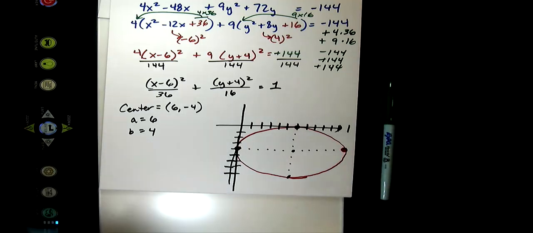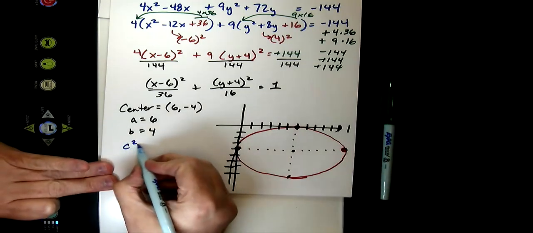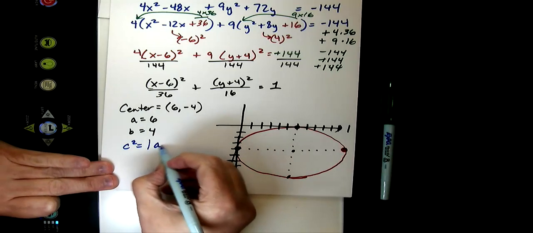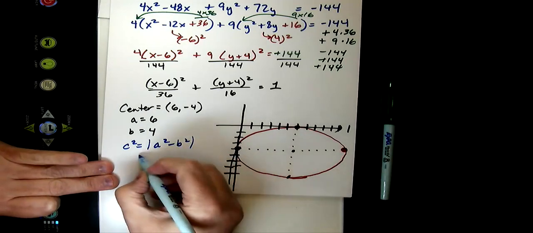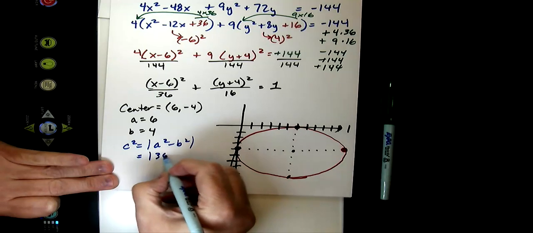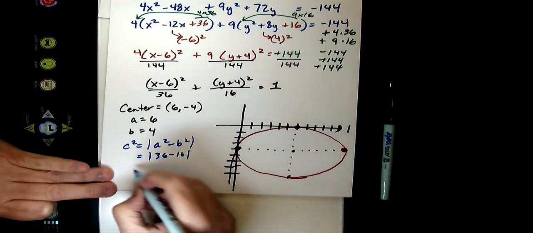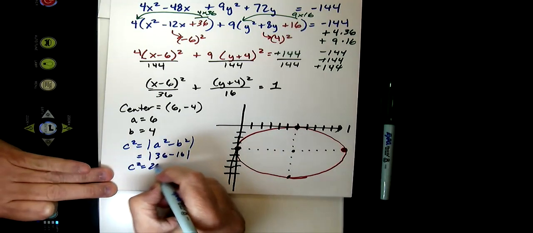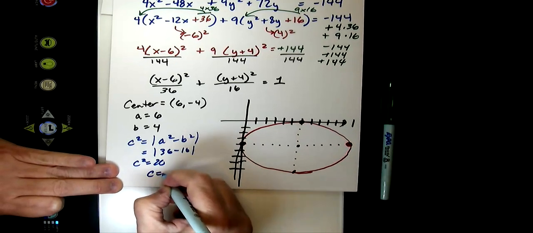So C squared is the absolute value of A squared minus B squared, the absolute value of 36 minus 16. C squared equals 20, so C is the square root of 20.